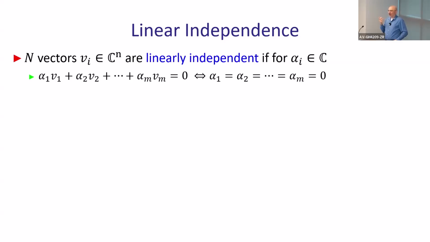So if you have a set of vectors and you cannot write any of the vectors as a linear combination of the other vectors, then the set is linearly independent. So linearly independent practically means that there is no linear combination with non-zero coefficients where you can write a particular vector in that set as a linear combination of the others.